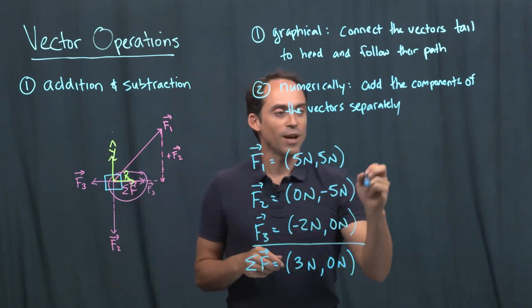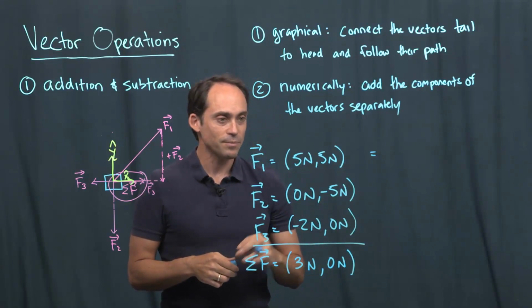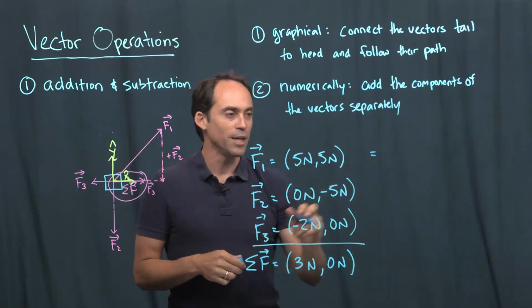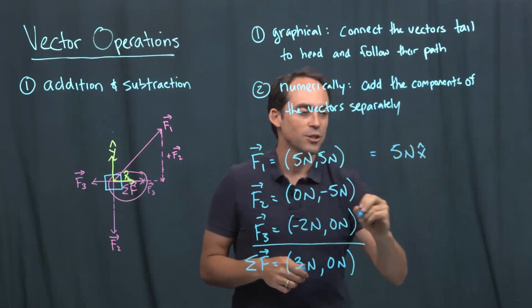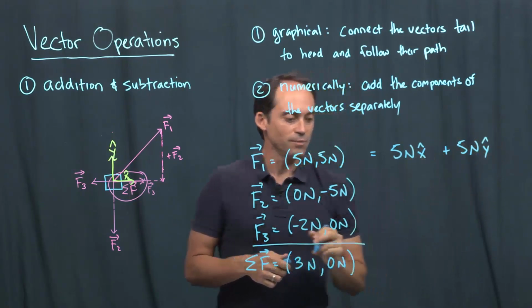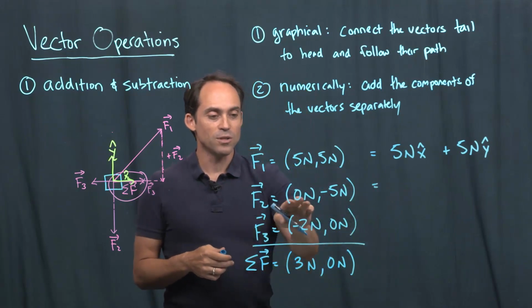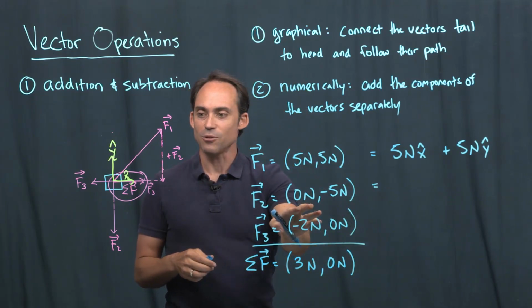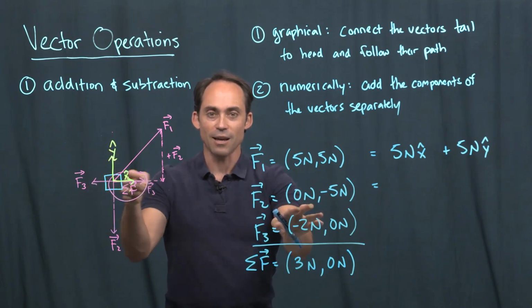We can also write down our vectors in the unit vector notation that I explained in the last slide. Again, just borrowing the numbers from here, I can write this as 5 newtons in the x hat direction plus 5 newtons in the y hat direction. The second vector I can do the same, but notice that there's nothing in the x hat direction. Our F2 vector only points straight up and down, not left to right.